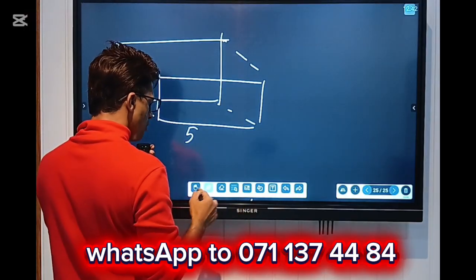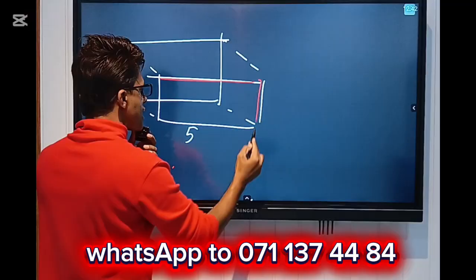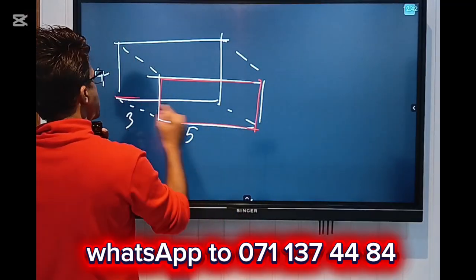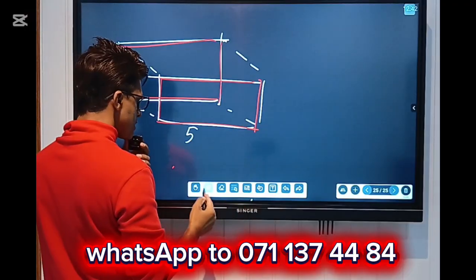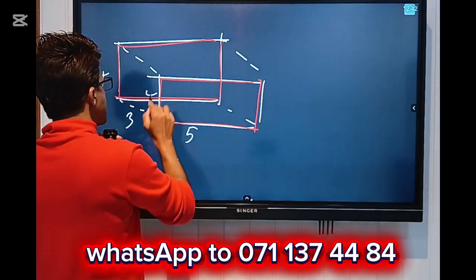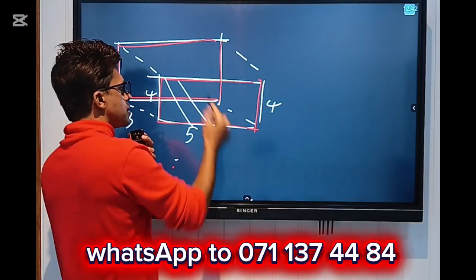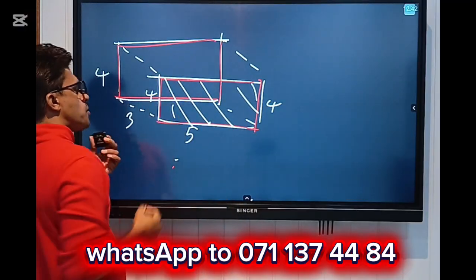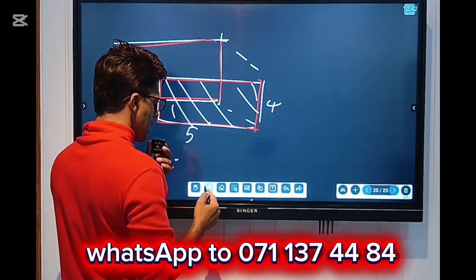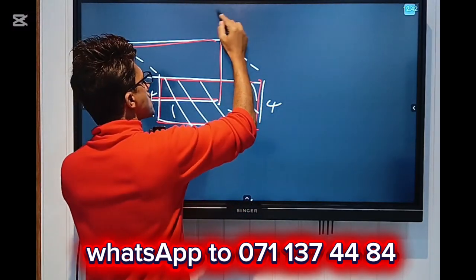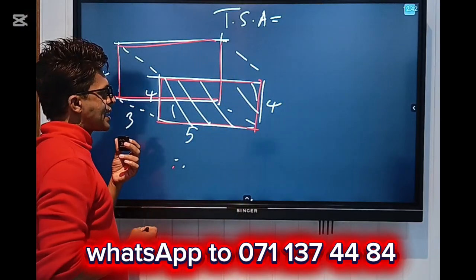The area of one surface can be taken, such as the front part, and the back part also is a rectangular part whose area can be taken. We can get the total surface area of this cuboid.